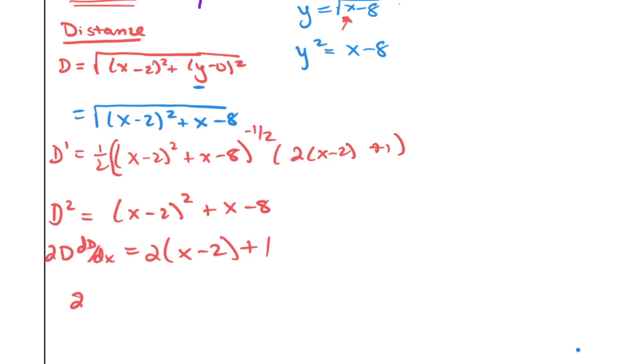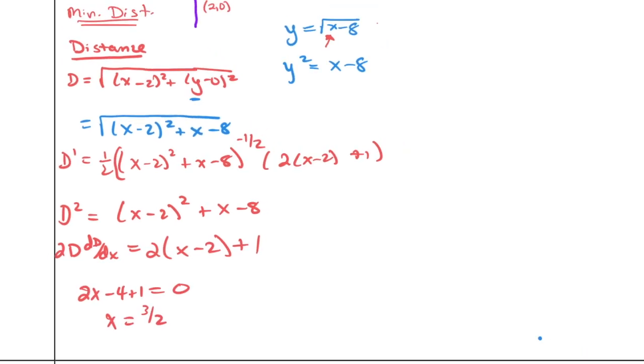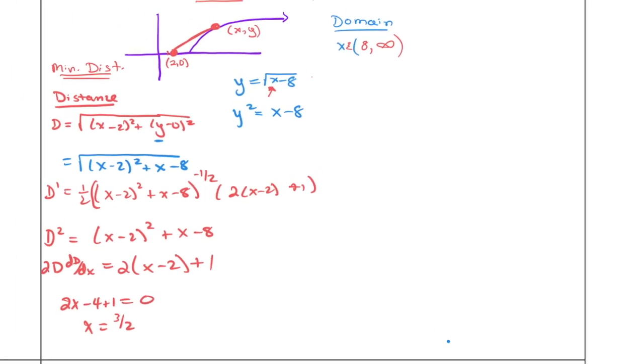Find your critical number. We get 2x minus 4 plus 1 equals 0, or x equals 3 over 2 as the critical number. When you go to make your table of values, you can still put in x and d because, once again, you are minimizing distance. The critical number is 3/2. Your endpoints are 8 and infinity.